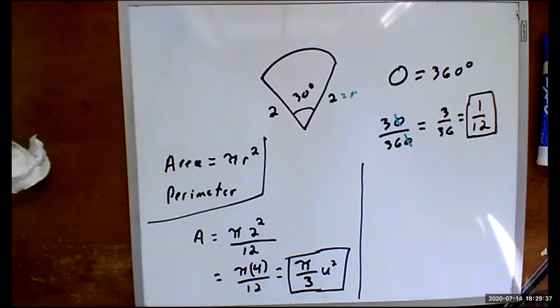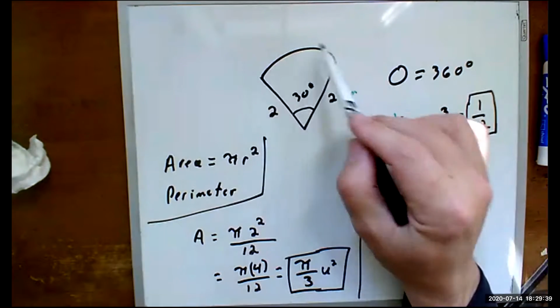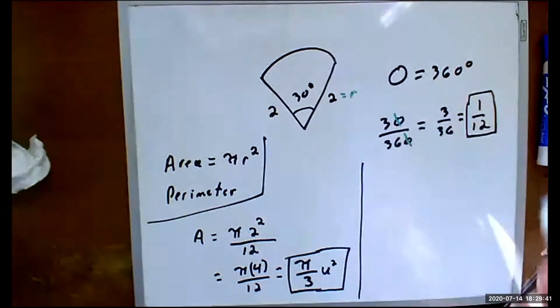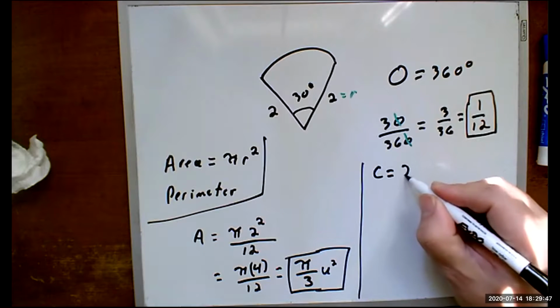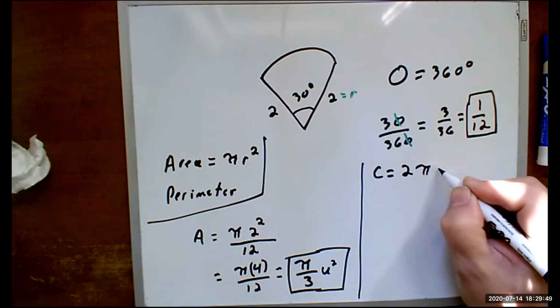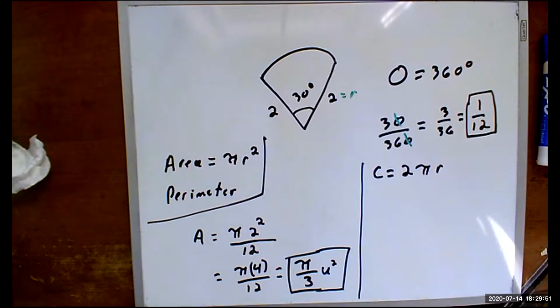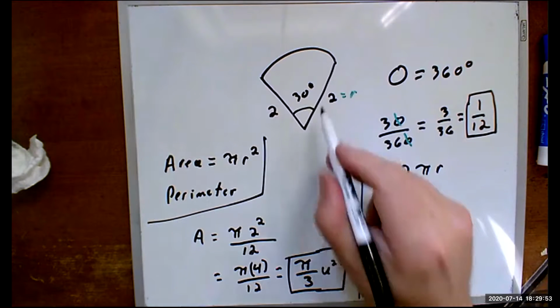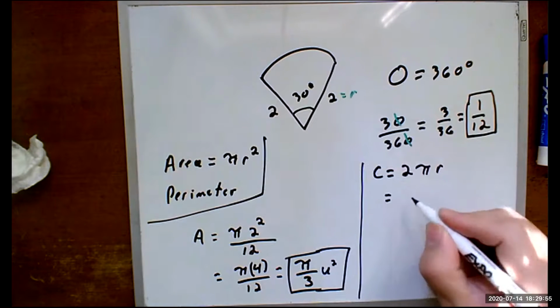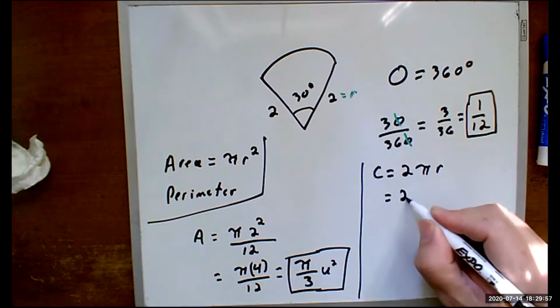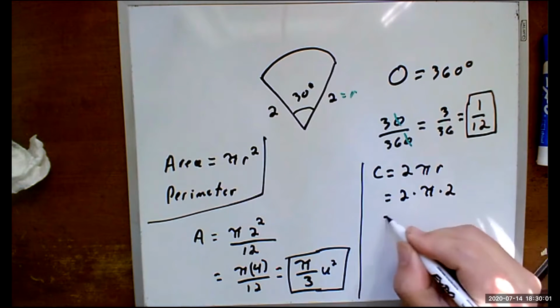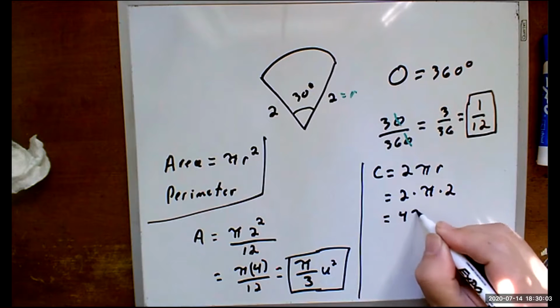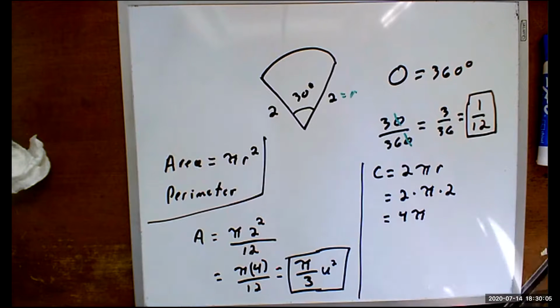So for the perimeter, the first thing that we need to do is calculate that part. Well, that part is going to be 1/12 of the circumference of a circle. So the circumference of a circle, remember, is 2 times pi times radius. Our radius is 2, so the circumference is going to be 2 times pi times 2, which is simply 4 pi.